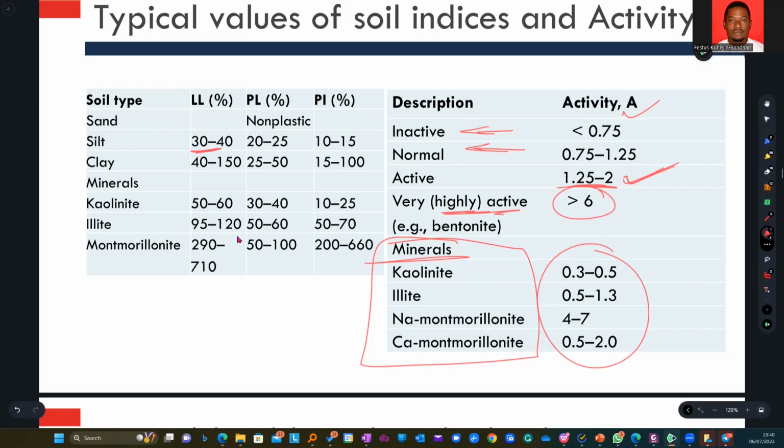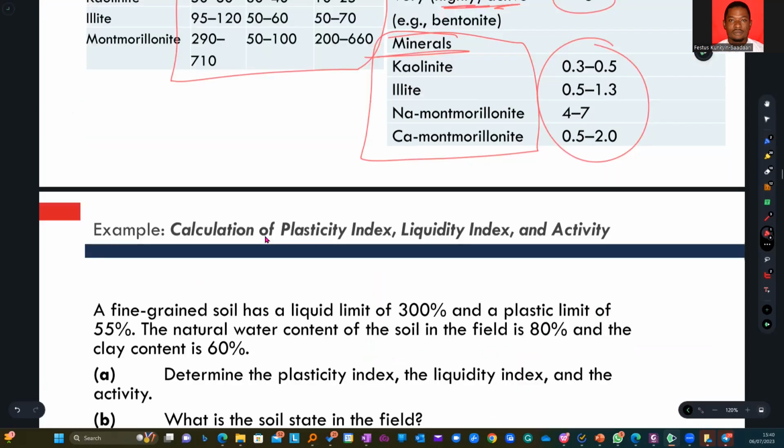They are merely a guide you can use on the field when you don't have time to do these tests in the lab and you can describe your soil properly. You can use these charts to serve as a guide in executing a given project.